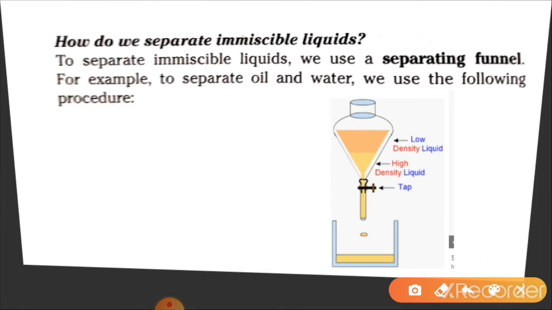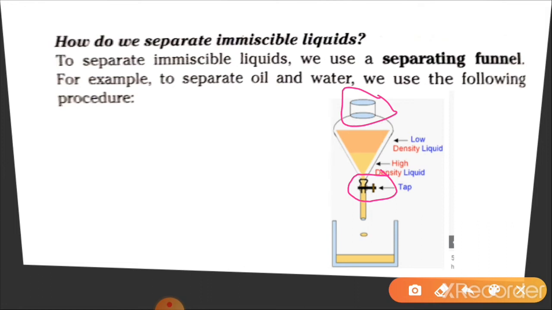I am repeating it: at the stem there is a tap, you can open or close it. At the mouth of the separating funnel, it is stoppered with a cap.